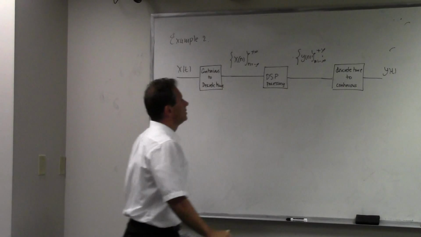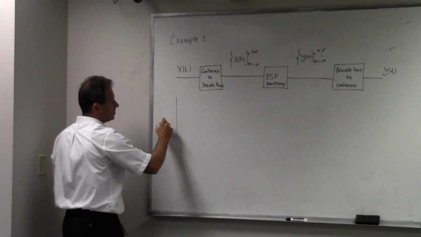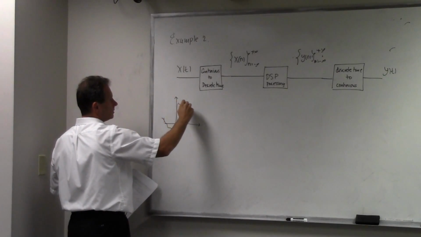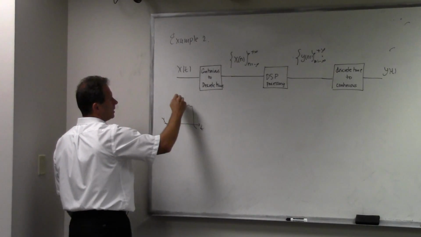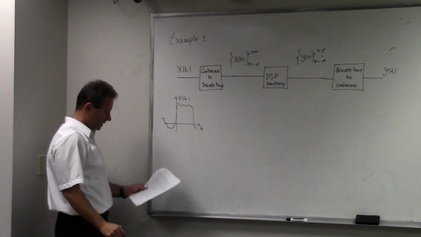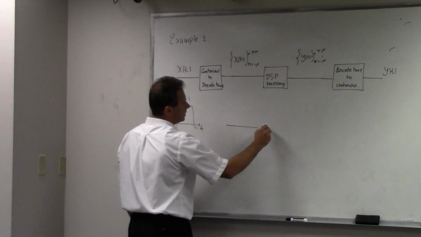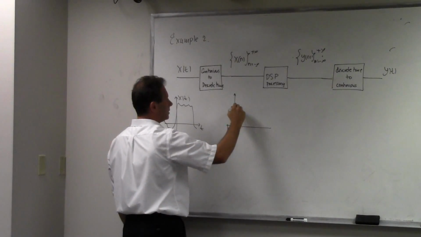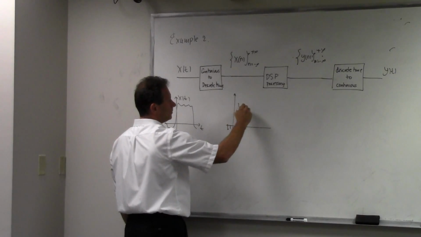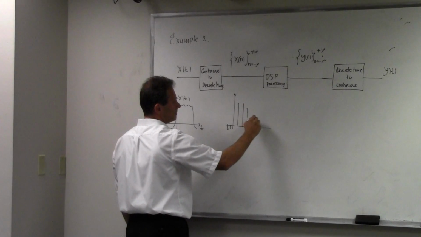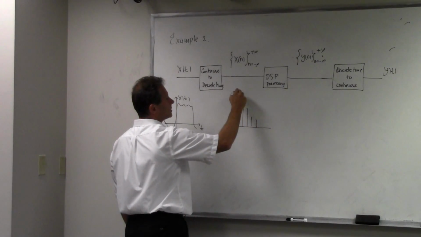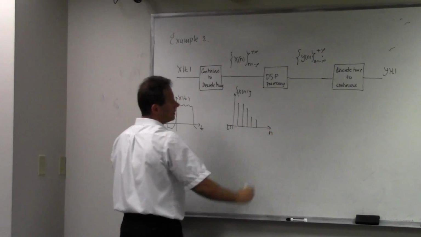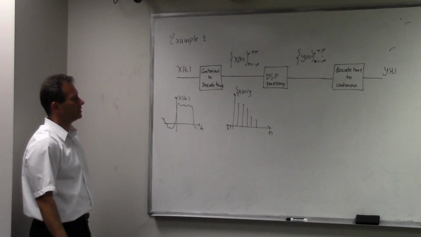To illustrate what is happening, let's assume our x of t looks somewhat like this. Then after sampling, what I end up with is a signal that has all of these samples. This is my x of n, with n on the axis. This now goes into processing.